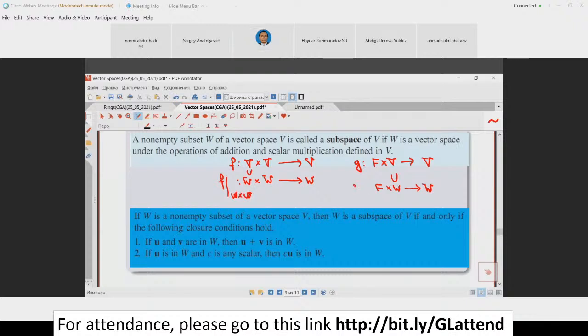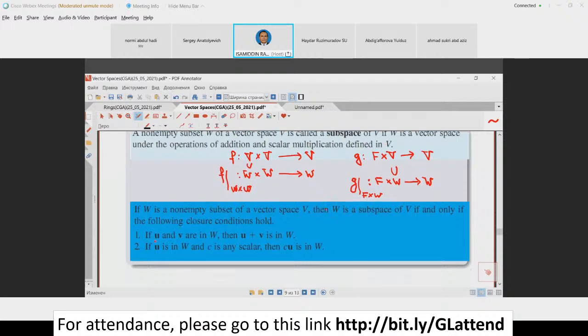This is G restricted to F cross W. If you just delete the other part with respect to the first function, W must be an additive commutative group. Then with respect to this function, the other 5 axioms must hold. Then W is called a subspace of the vector space V.